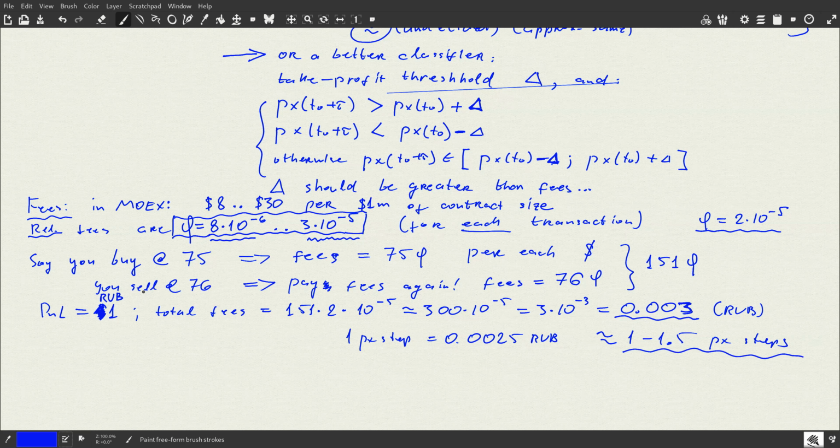That's perfectly okay. And you see, they're negligible if you really made a profit of 1 ruble. You buy at 75 and you sell at 76. That's perfectly okay because your delta is large. So your delta is 1 ruble in this case.